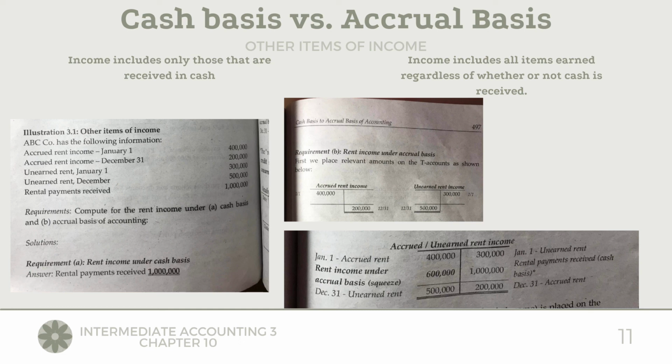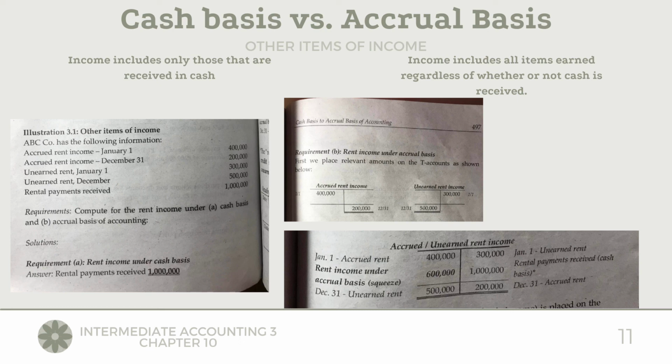Accrued rent income is an asset, so the beginning balance is on the debit side, while unearned rent income is a liability account, so the beginning balance is on the credit side. Hindi natin sinama ang rental payments received sa unang T accounts kasi nagpe-pertains ito sa parehong accrued rent and unearned rent.